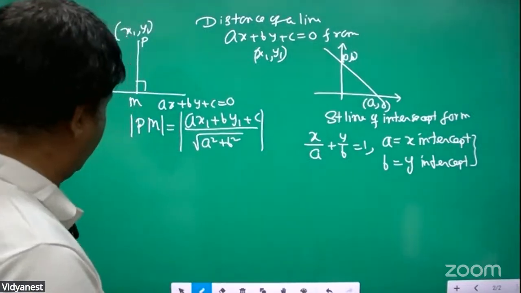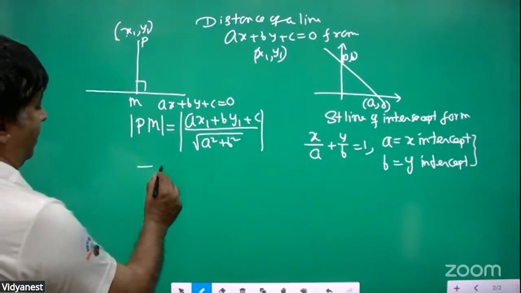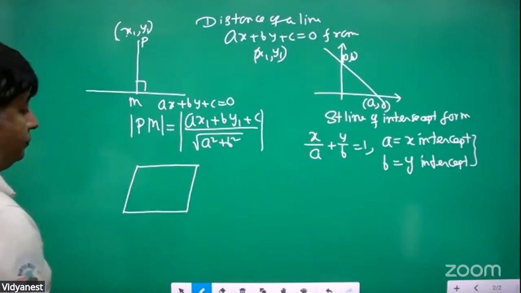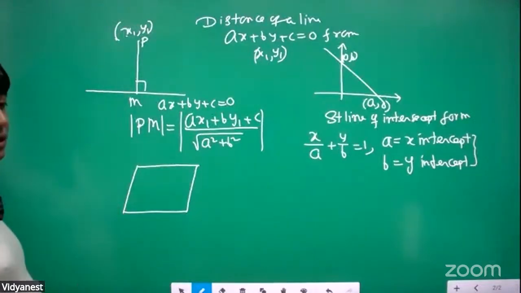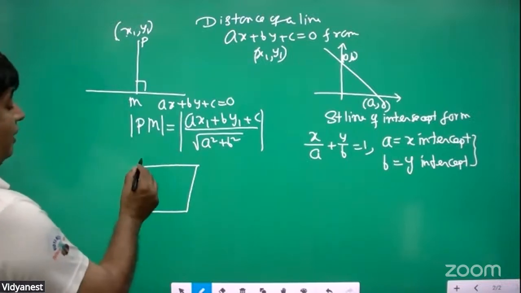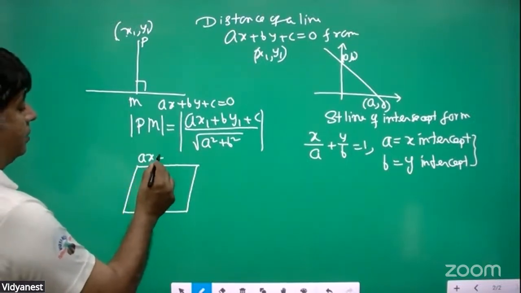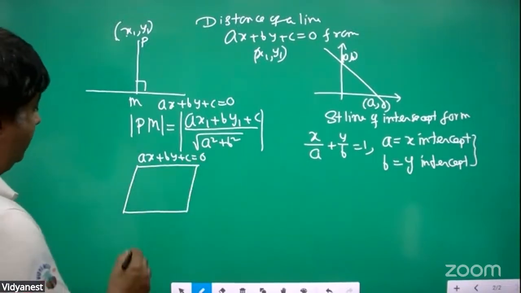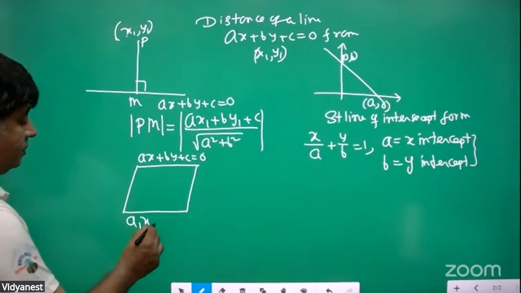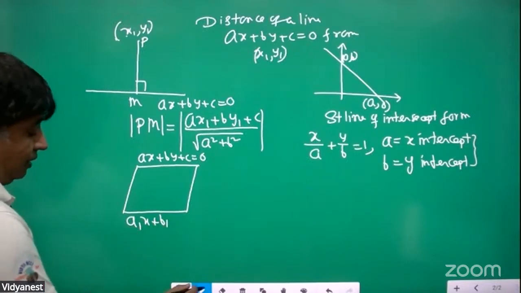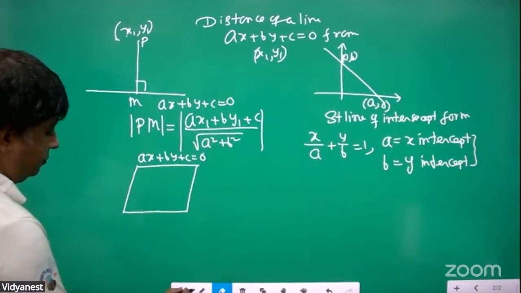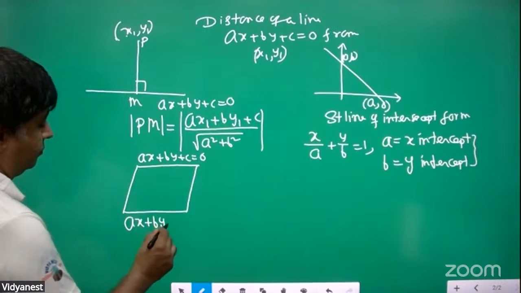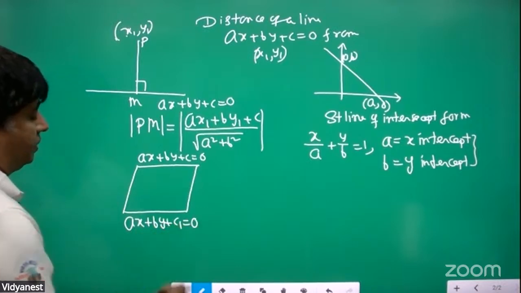Now, suppose you have got one parallelogram. Parallelogram's opposite sides equations are provided. Say ax plus by plus c is equal to 0, a1x plus b1y plus c1 is equal to 0.